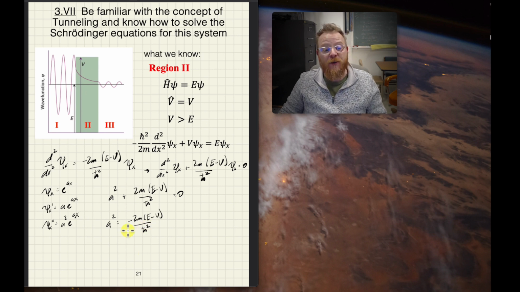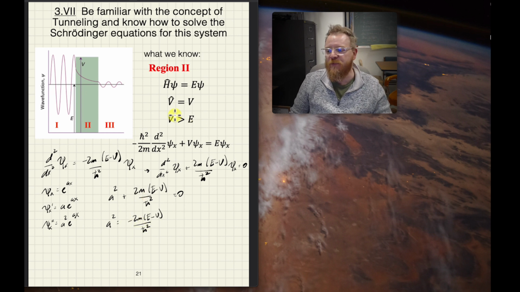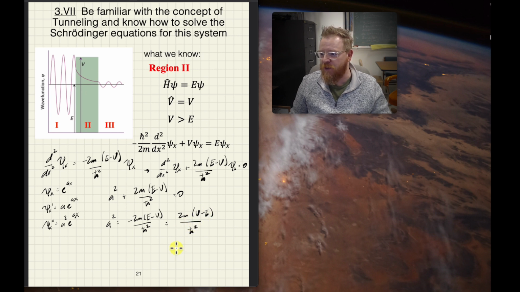And at first this appears like we're going to get imaginary solutions, right? The square root of a negative. But if we see here that we imposed V must be greater than E, then we already know this quantity E minus V is negative. So now I'm going to rewrite that as positive 2m V minus E all over h bar squared.